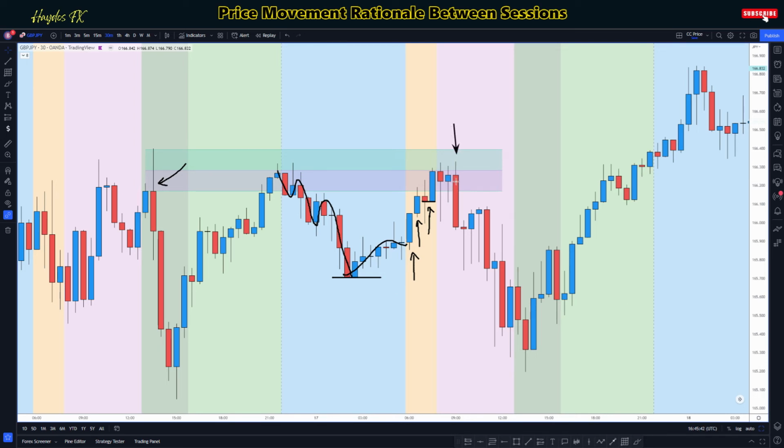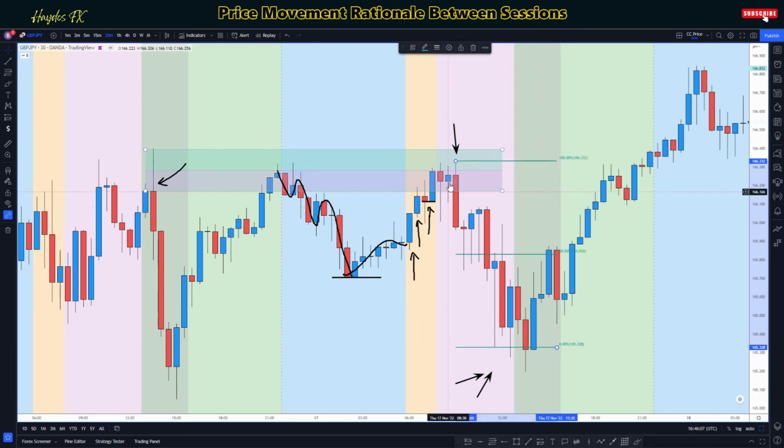Getting close to the end of this London session, quite a typical move would be this: before we get into this green section, if you measured the high to the current low where price was, very often you will get a pullback to that London 50% and then drive down lower for the New York session.